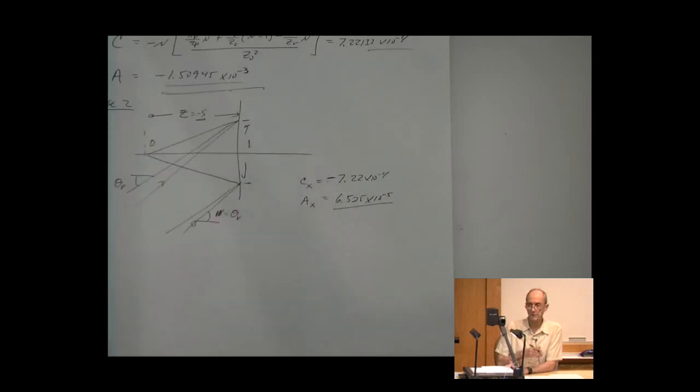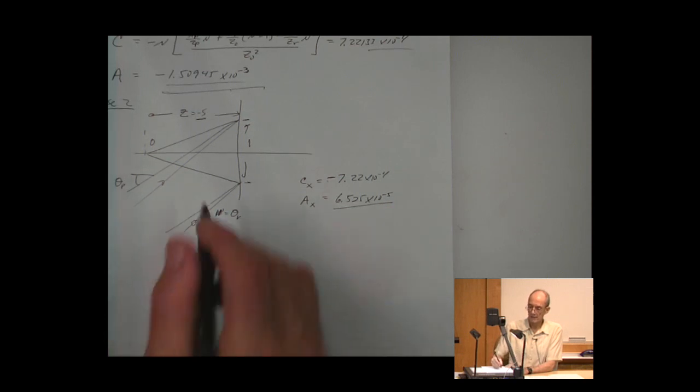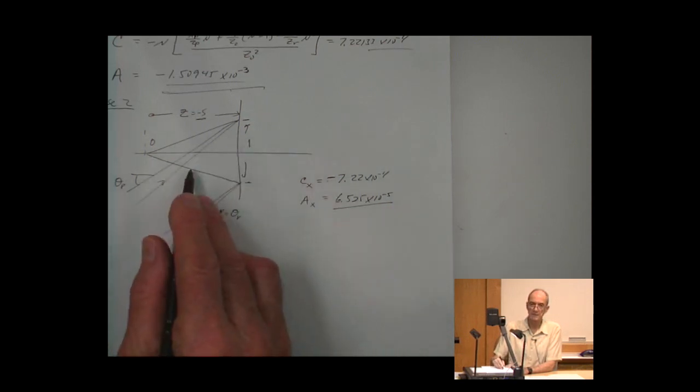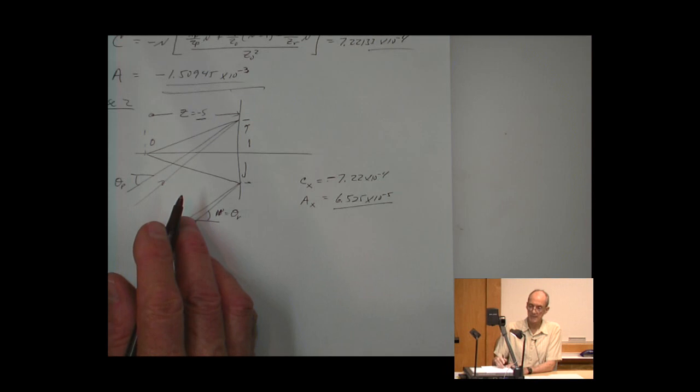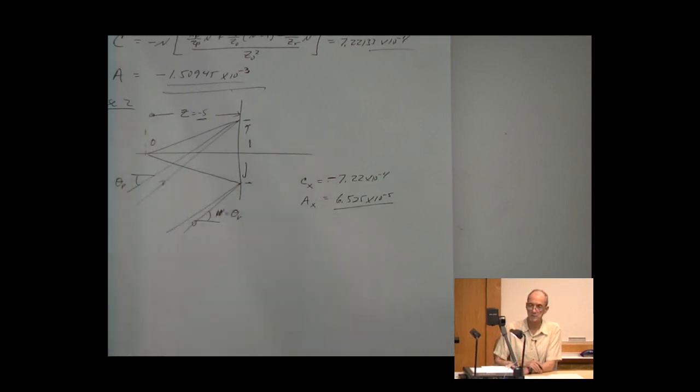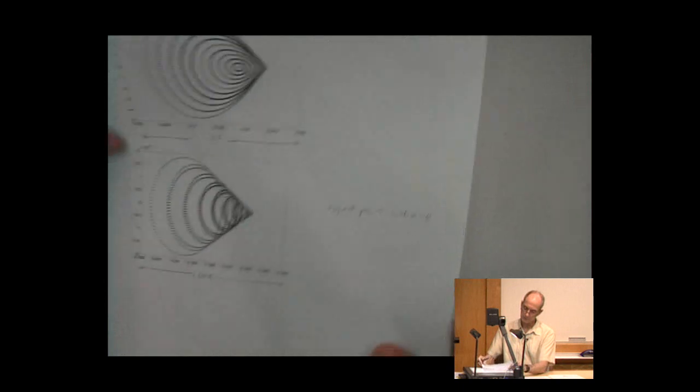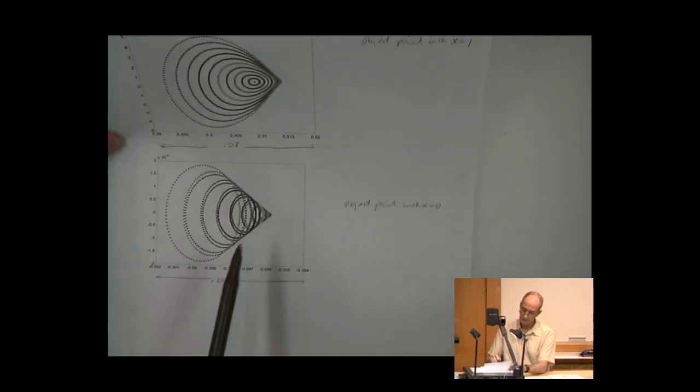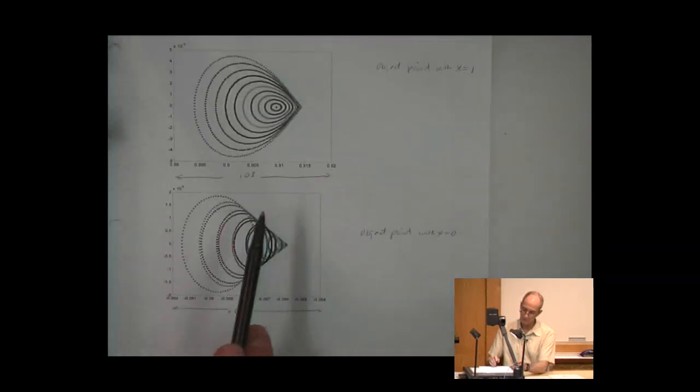So, for instance, in the lab, I had you arrange it this way rather than having that point source off axis. If you put that point source off axis, you're opening yourself up to other aberrations. And here's the resulting ray trace.